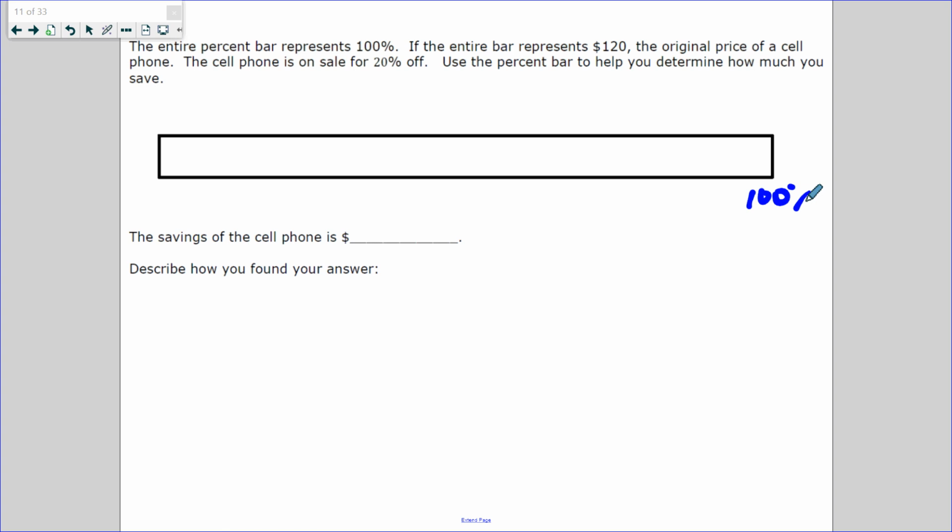In our last example, the entire bar represents 100%. If the entire bar represents $120, the original price of a cell phone, the cell phone is on sale for 20% off. Use the percent bar to help you determine how much you will save. So how many 20% go into 100%? 5 groups.